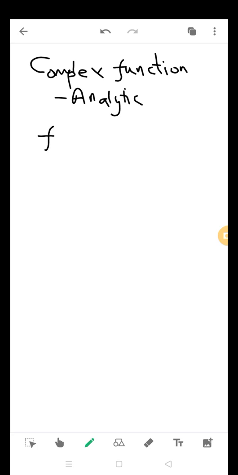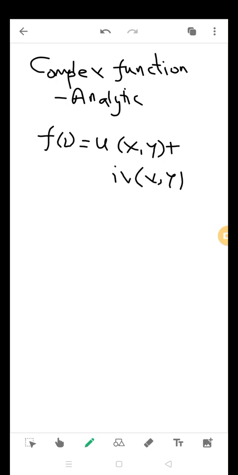Suppose you have a complex function f(z) equal to u(x,y) plus i v(x,y). Now, to find out whether a complex function is analytic or not, there are certain rules which are called the Cauchy-Riemann conditions.